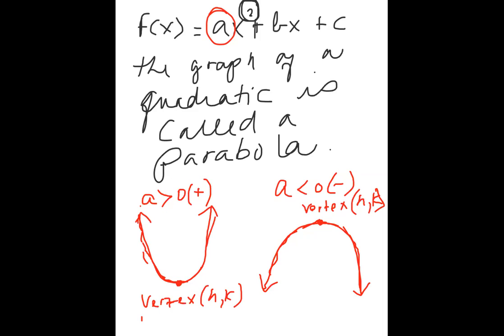Now, obviously, if the graph is opening up, the lowest point occurs at the vertex. So we call this the minimum point or the minimum value on the graph. We call this the lowest point. The lowest point on the graph is where you will find your minimum value. Now, if the graph is opening down, that would be your highest point, and the highest point is referred to as the maximum. And you will see questions about this later on, okay?